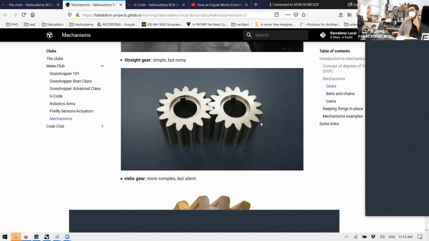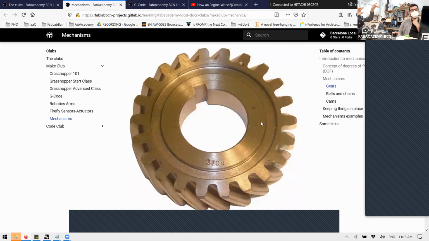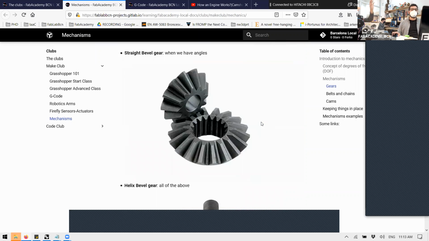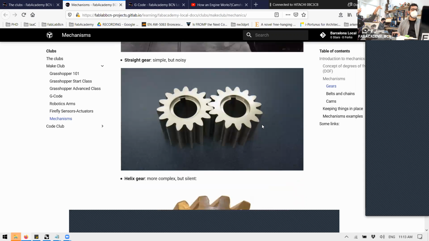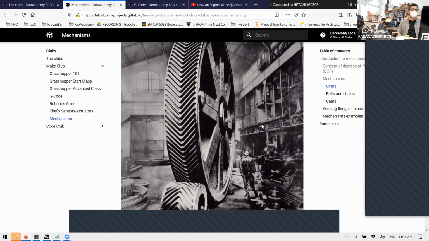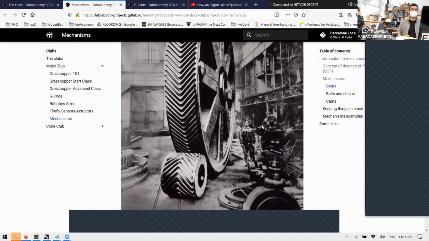There could be, as we will see down, some conical ones that can transfer at an angle. Basically, what we try to transfer is rotational movement into rotational movement.